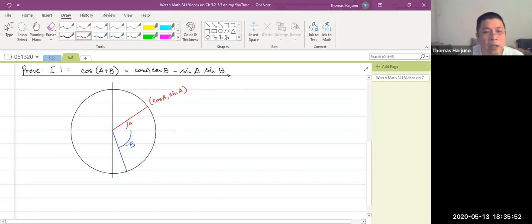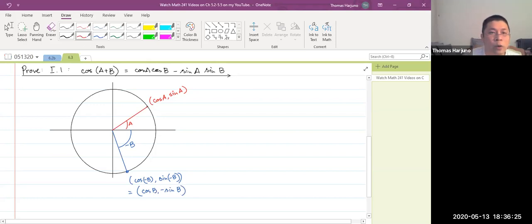So if this is angle negative B, then the coordinate will be cosine negative B, comma, sine negative B. Is it right? Which we know from the past that cosine of negative B is cosine B, and sine of negative B is negative sine B. Okay, so far so good.